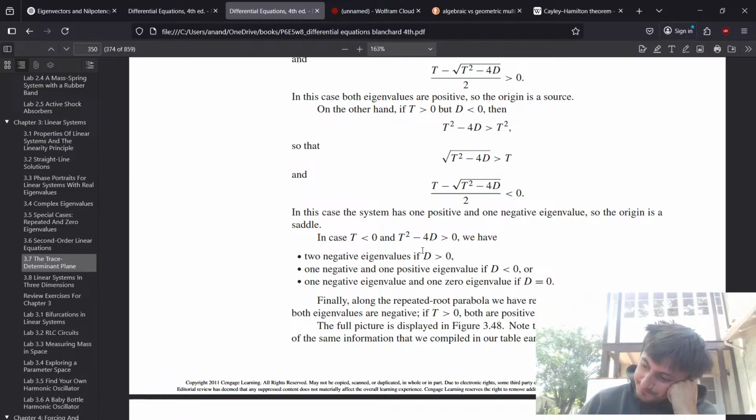We have t plus or minus the square root of t squared minus 4d, over 2. If t is less than 0, and this is greater than 0. Oh, okay.